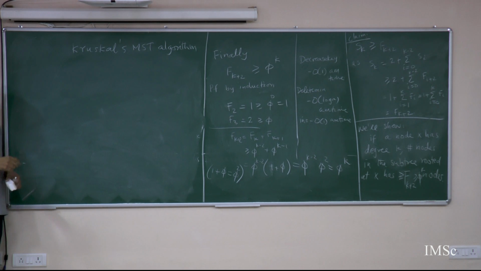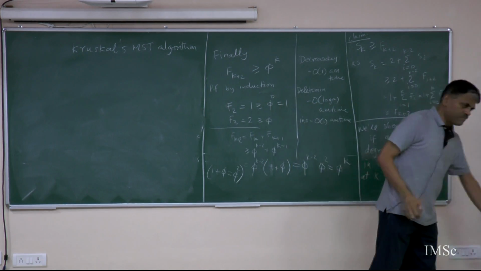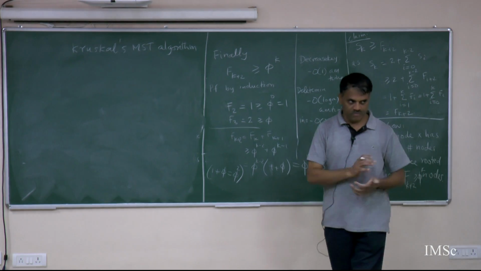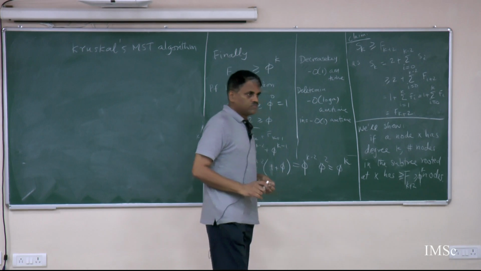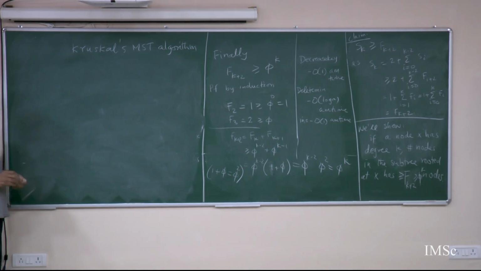How does it work? It grows a forest, a collection of trees. Initially you start with the isolated vertices. You choose the minimum edge weight, and by doing this you join two trees. It grows like that, provided that there is no cycle.